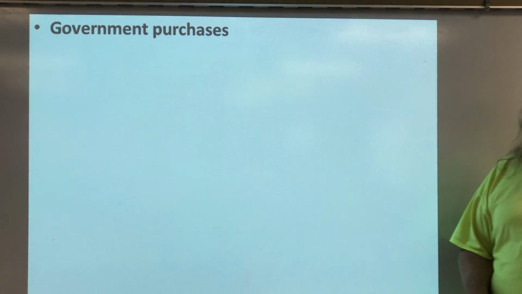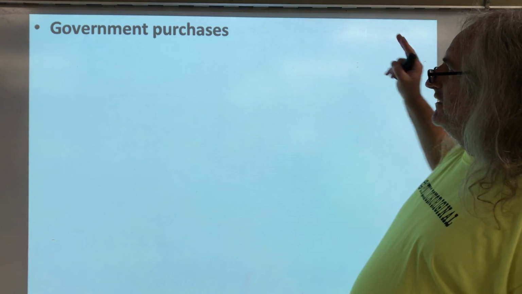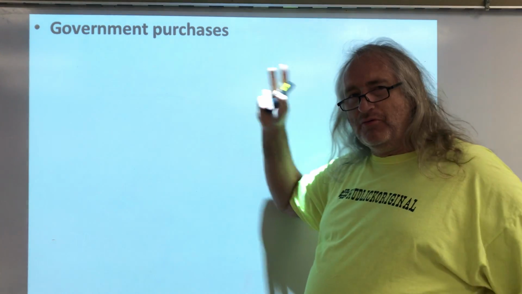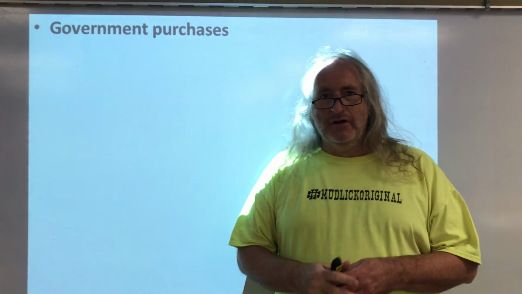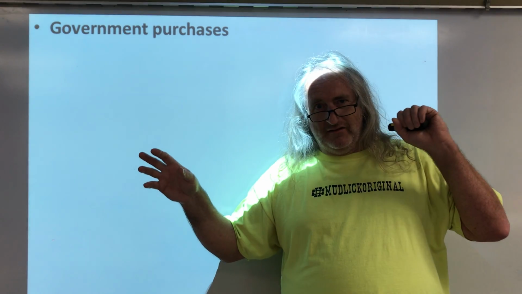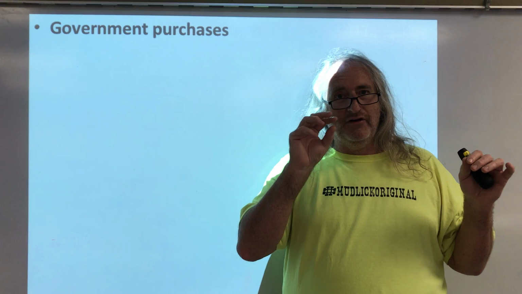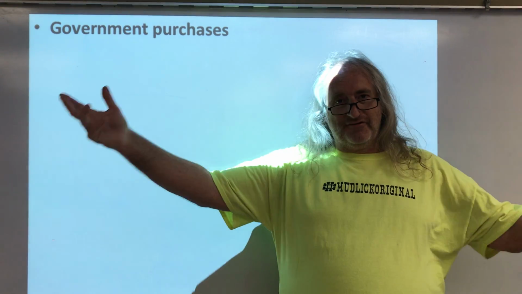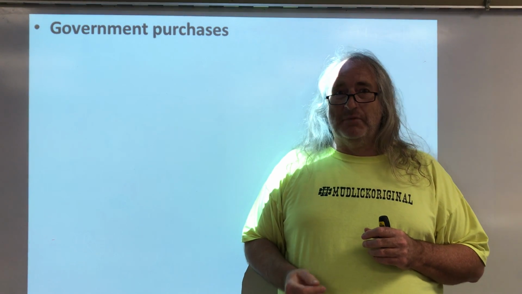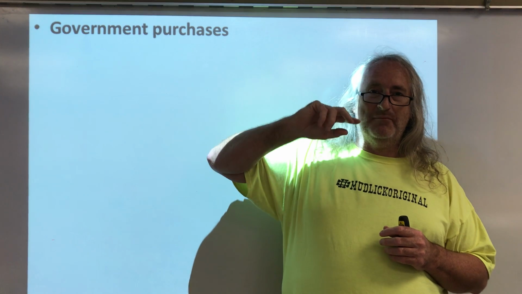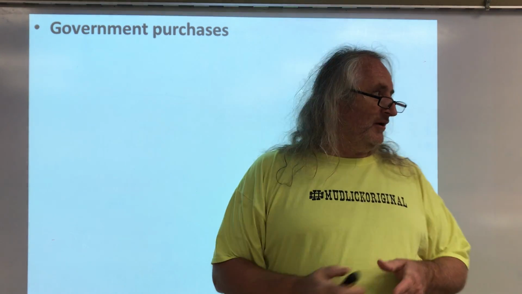A third component of GDP measurement, government purchases. And remember when we talked about the circular flow of income, we had households, we had firms, but right in the middle, who was also a big player, was the government. And the government was collecting income through taxes, but then the government was also buying things at both the product market and the factor market.